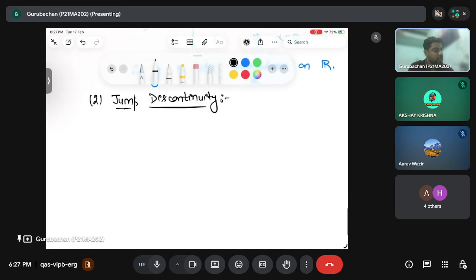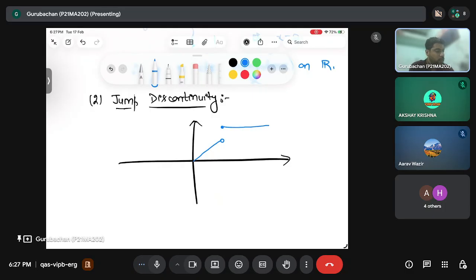So if we discuss from the graph, suppose your function is like this till this point, and suddenly it starts like this. So from here there is a jump from this point to this point. Is it clear what is jump discontinuity?